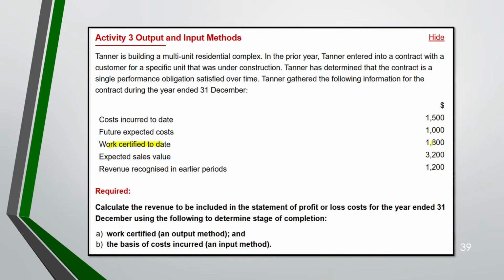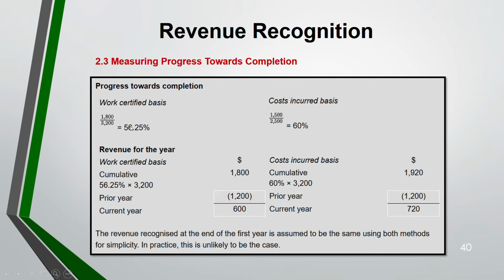It is 1,800. What is the expected sales value? 3,200. So 1,800 by 3,200 is 56.25%. This is the work certified basis. And this 56.25% you use here in your revenue. This 3,200 is your sales. Okay.